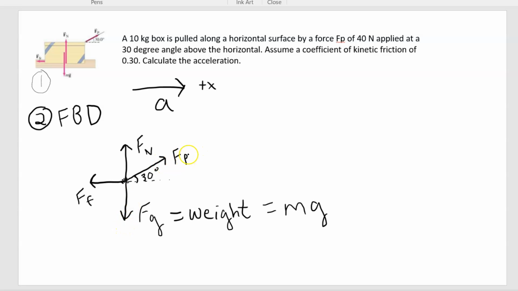Now, if I look at this force Fp, it is not aligned with our typical x and y axes here. Let's look at our other forces. Normal force and force of gravity, or weight, those are both along the y-axis. Perfect. Along the x-axis is friction, but Fp needs to be resolved into components. So we are going to end up with some components, Fpx and Fpy.